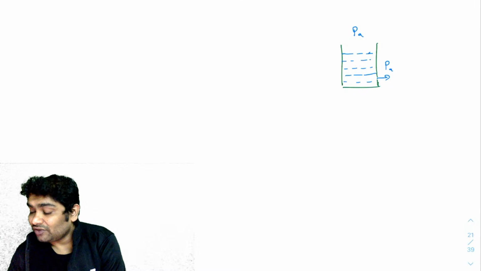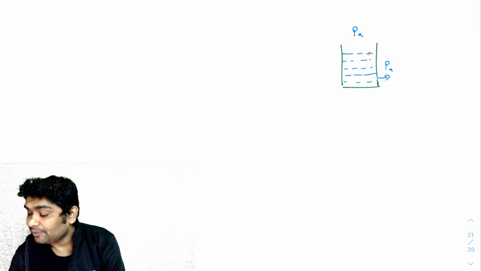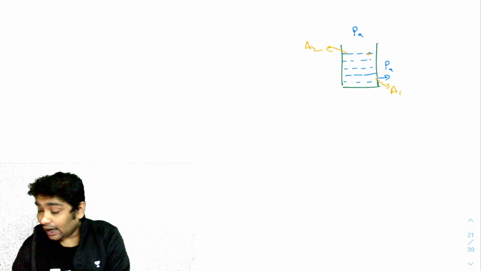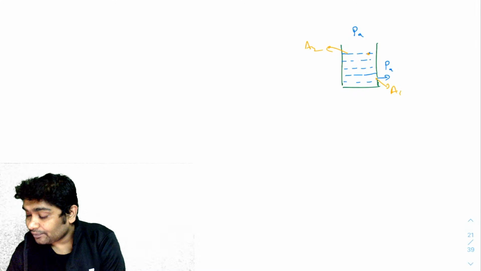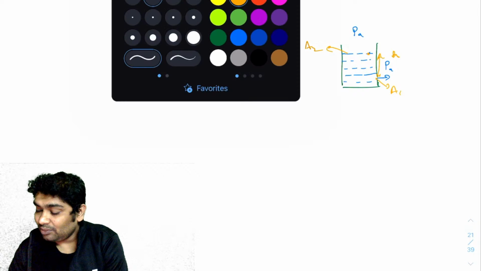So what we do is we apply Bernoulli's theorem between 2 points, which are here and here. Assuming this area of cross section is A2, this area of cross section is A1, and the height difference is h.